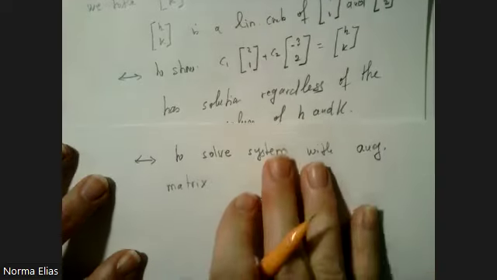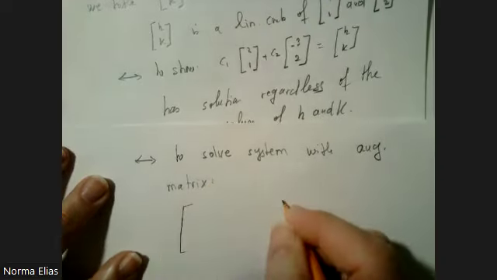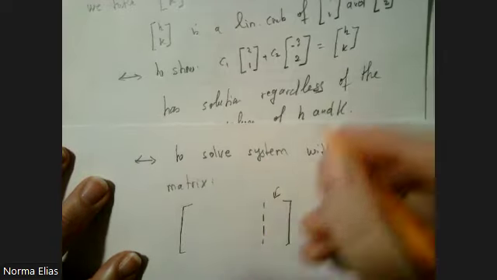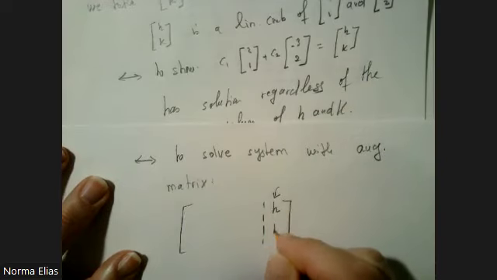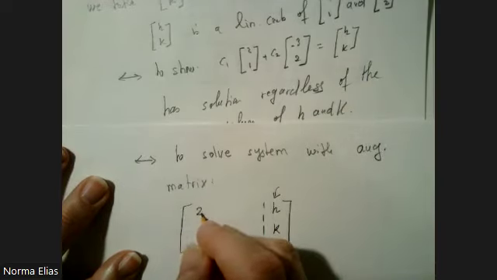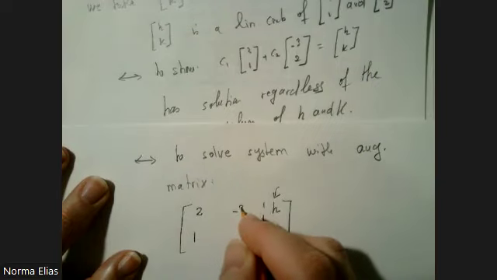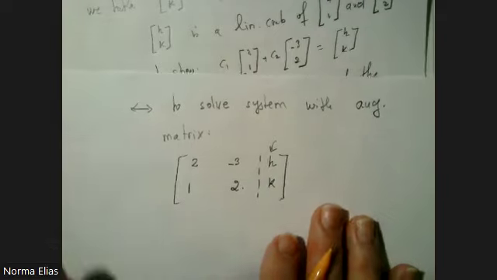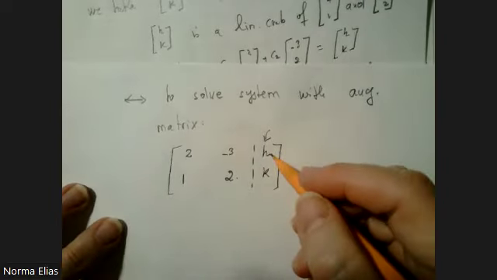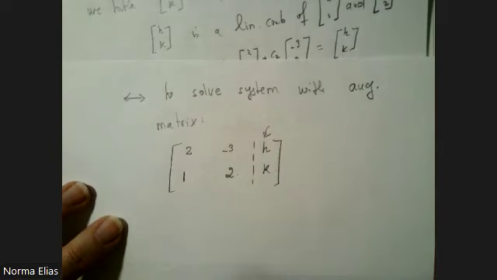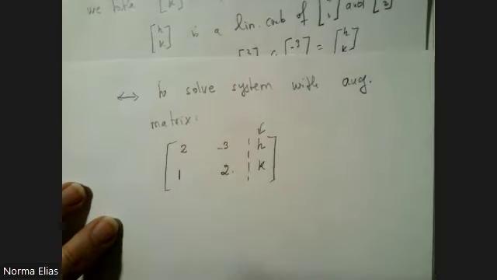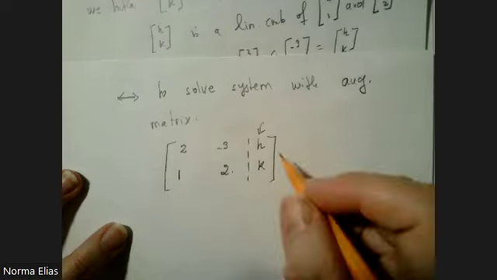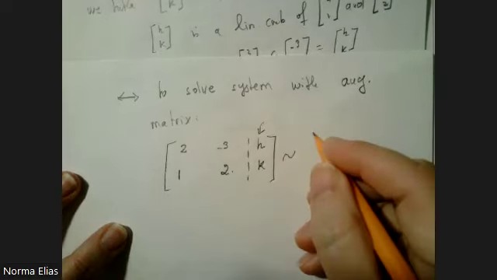The augmented matrix has the vector that I want to show is a linear combination, along with the vectors (2, 1) and (-3, 2). The idea is to show that, whatever h and k are, there is a solution to the system. We solve the system as usual and argue whether the solution exists. So we're going to solve the system.